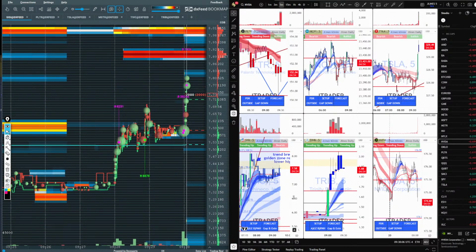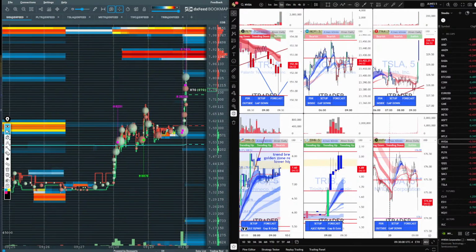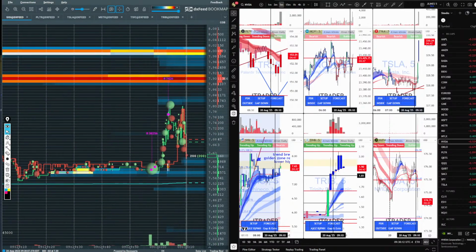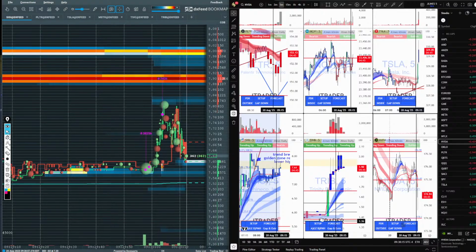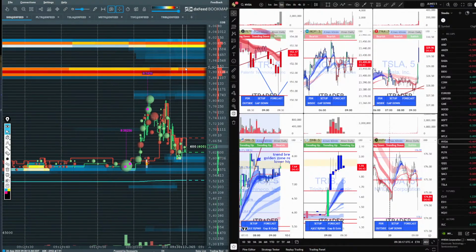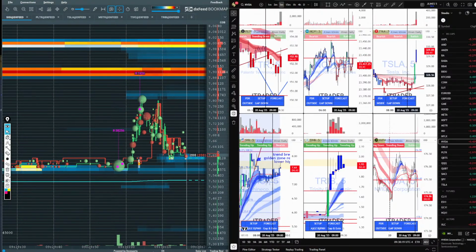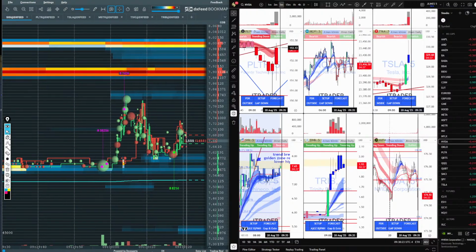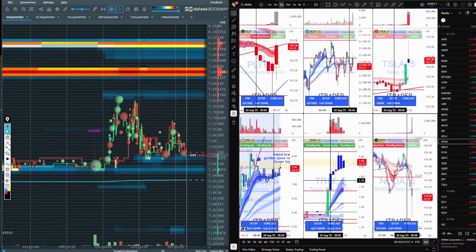So TRIB, the VWAP, CZ extending over here. Tesla push for now. PLTR, some push.